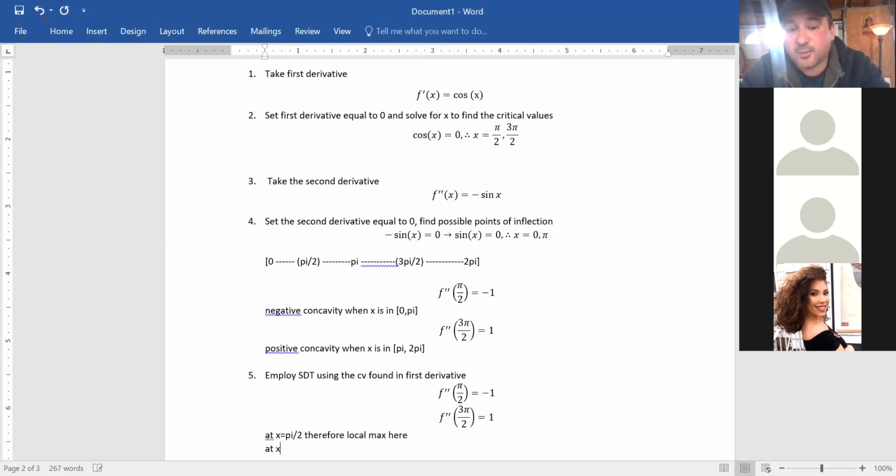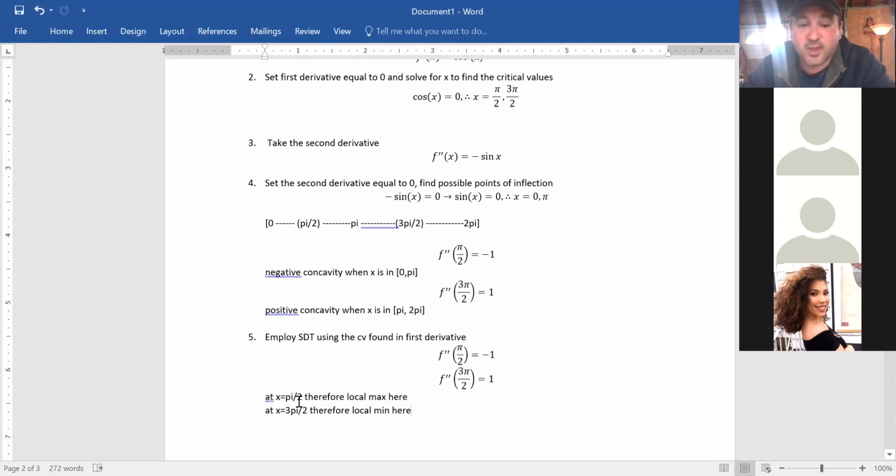And at x is equal to 3 pi over 2, since it's positive, therefore local min. In this case, I happened to use the critical values because they fell within those boundaries. So I killed 2 birds with 1 stone. I didn't have to do 4 calculations. I was able to use it all as one.